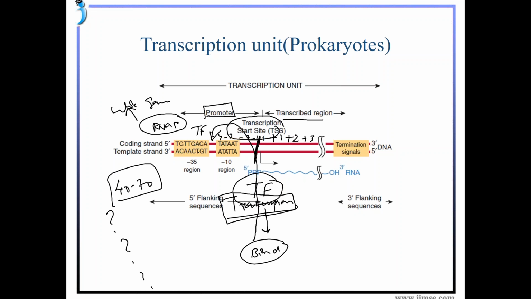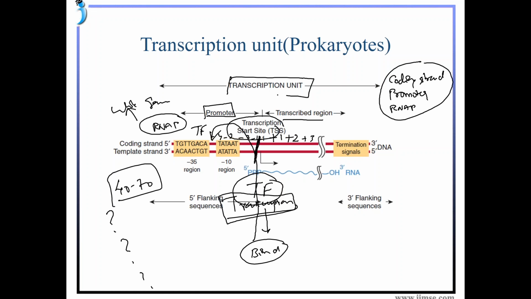These are the sequences recognized by the sigma factor and the RNAP, that is the RNA polymerase enzyme. Once this sequence is recognized, it will bind to that sequence, and we'll see what happens next. The coding strand, promoter and RNA polymerase, all three together form your transcription unit.